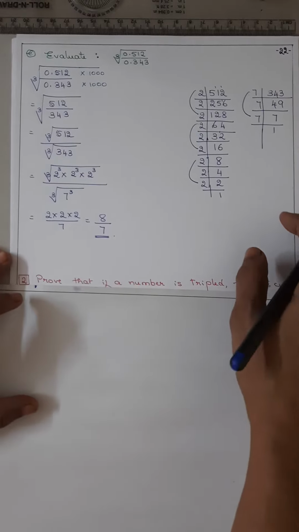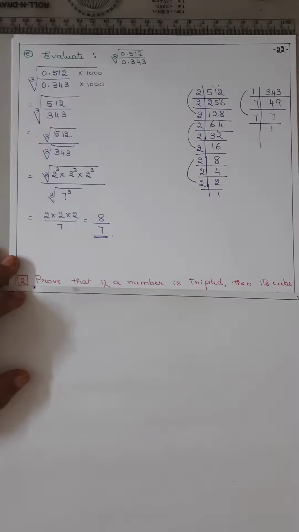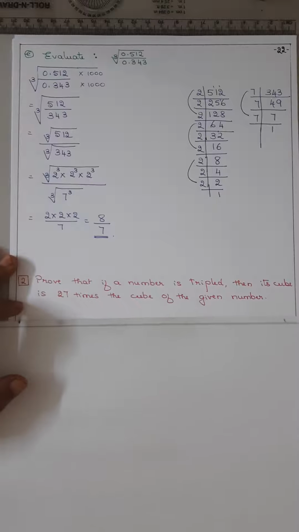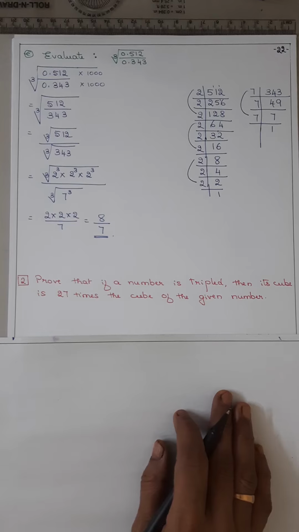Okay. If it is a 2 marks question, then you have to show the method. Otherwise, for 1 mark you can directly solve, evaluate and write the answer.